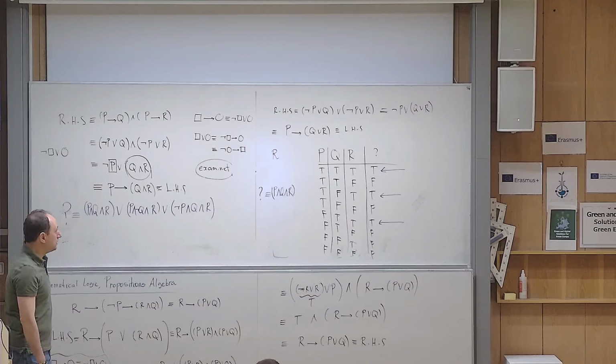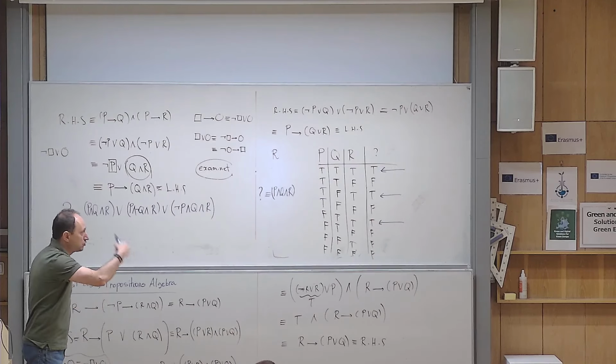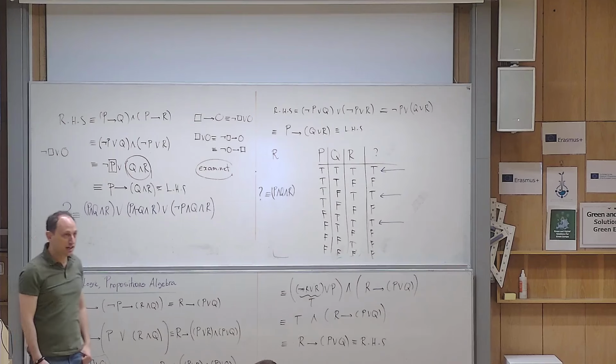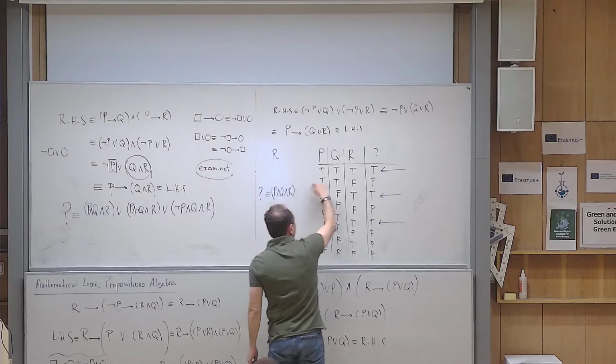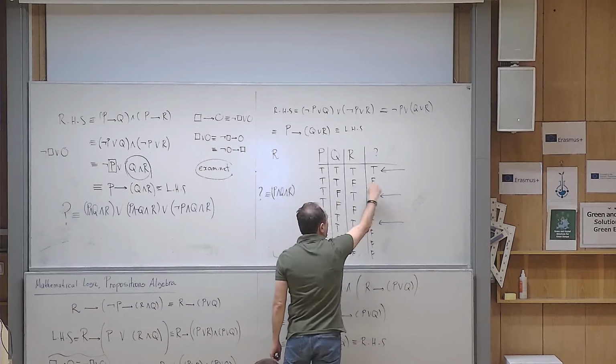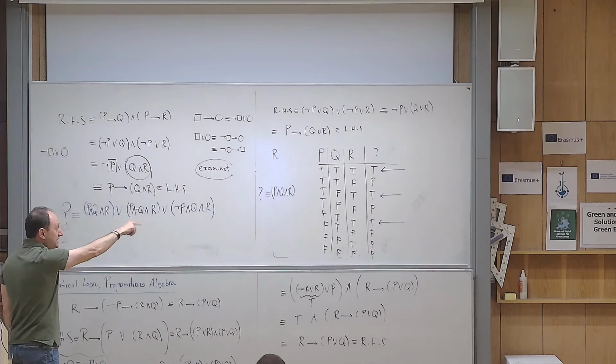But do you agree with me, this sentence will also produce the correct F's? Why is that? For example, why do you think that this will give this F correctly? Because R is false. Because we have TTF.